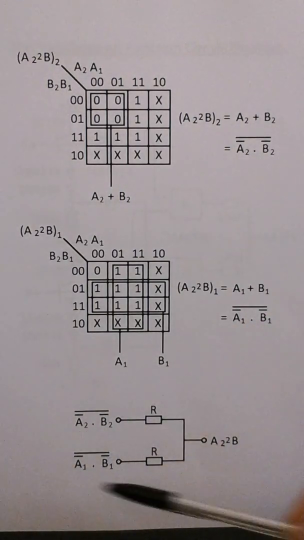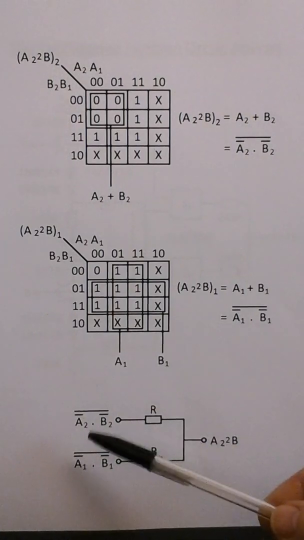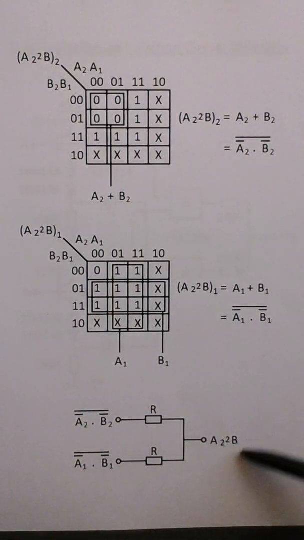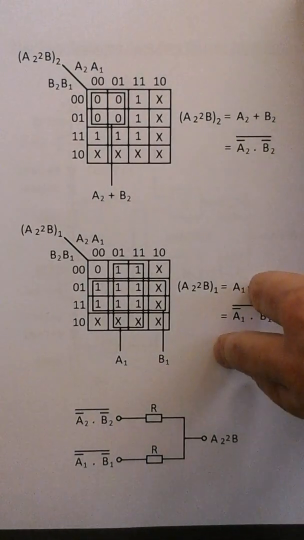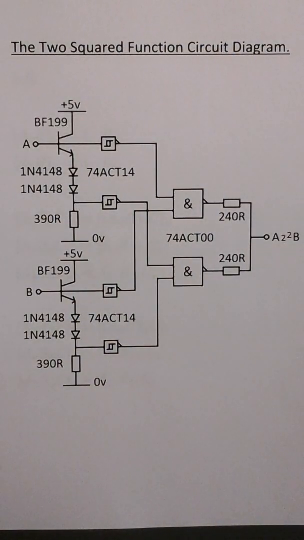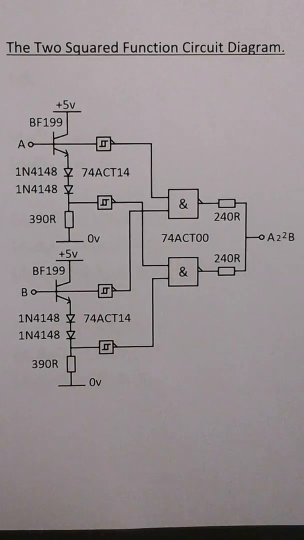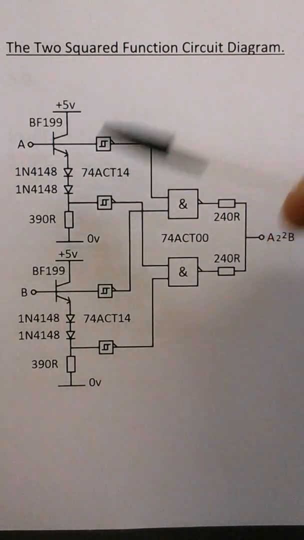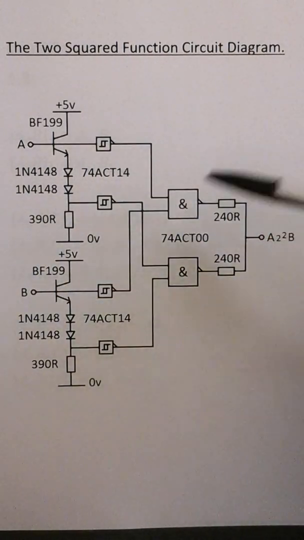So this is the output resistor network. This is A2, this is F2, this is F1, and this is the output F. So we'll go to the circuit diagram. Here we have the transistor diode resistor networks to convert A and B into A1, A2, B1 and B2.